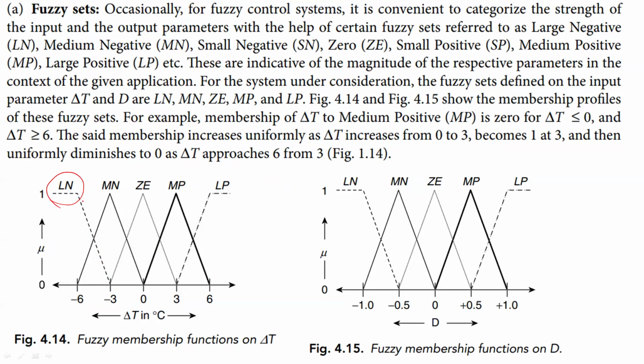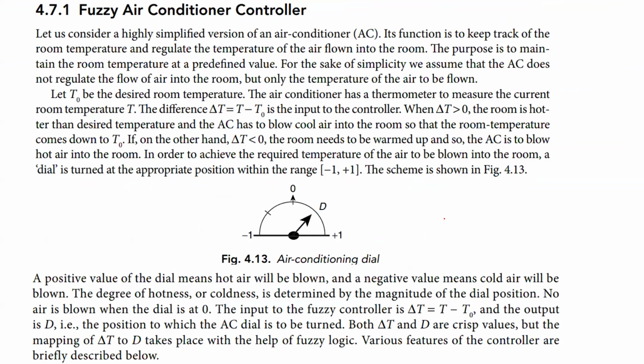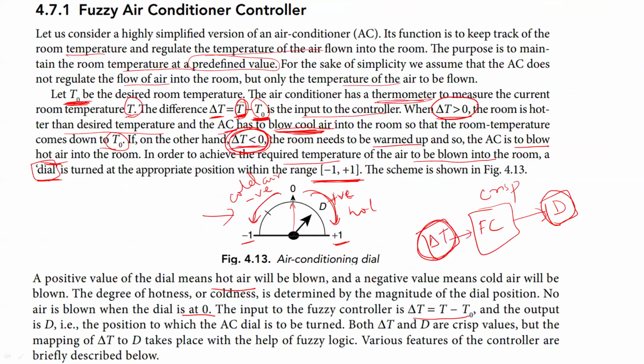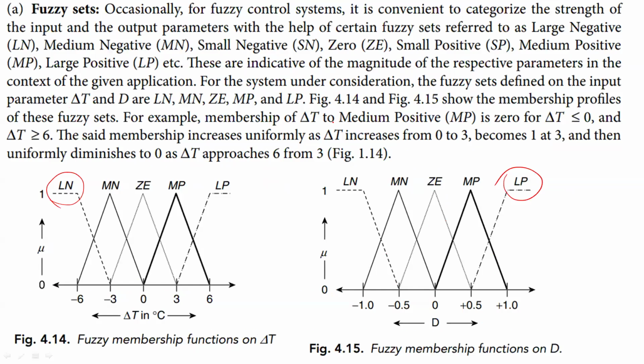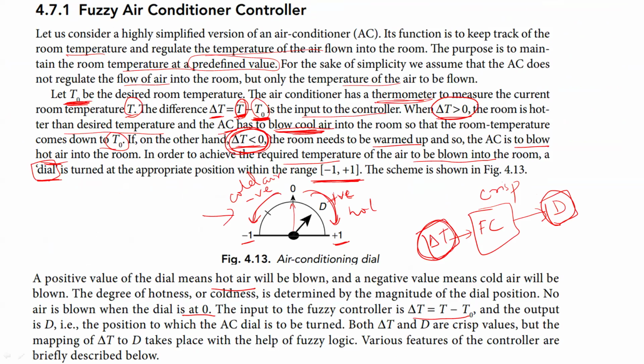When delta T is large negative, then naturally D should be large positive, the opposite, because we already saw in the previous case. Delta T means the difference, right? When the difference is less than or equal to 0, I told you what we have to do.